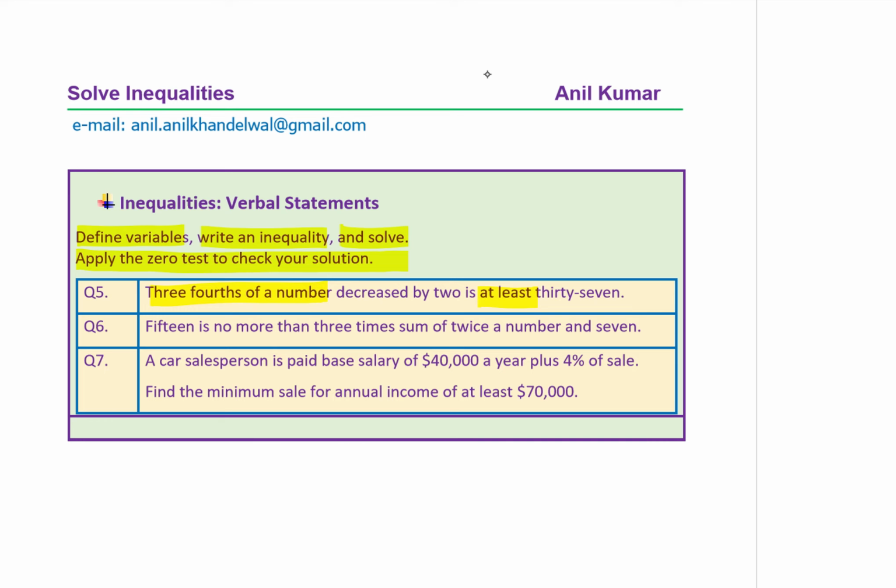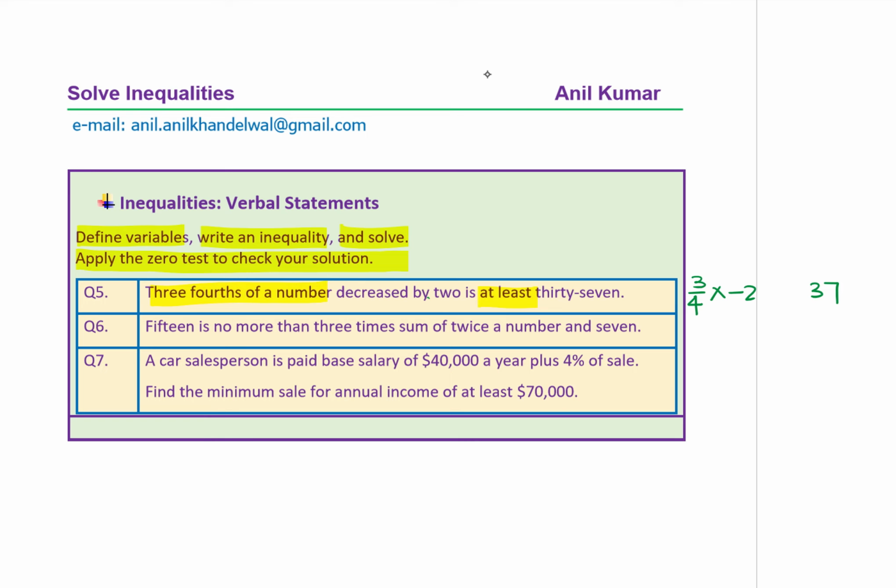3/4 of a number means? Right, you're right. 3/4 of a number, we are saying x is our number, right? 3/4 of a number decreased by 2, that is minus 2, is at least 37. So we have 37 on the other side. At least means it is 37, 38, 39 or more, right?